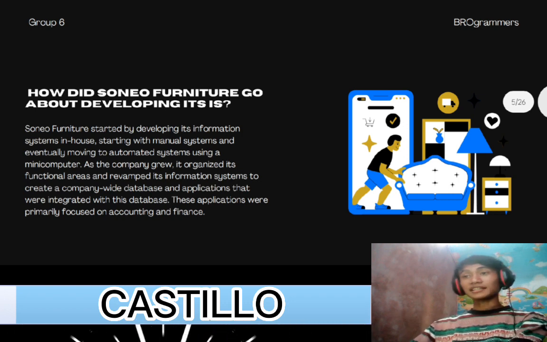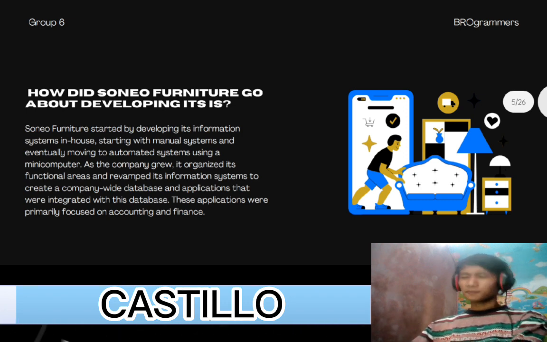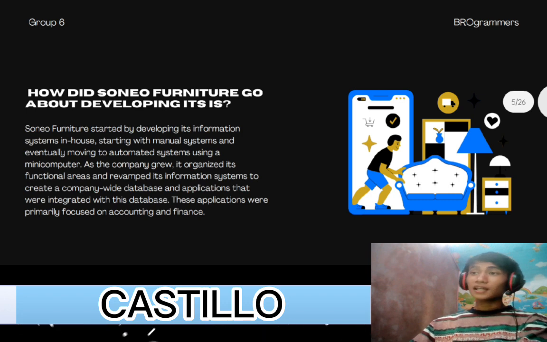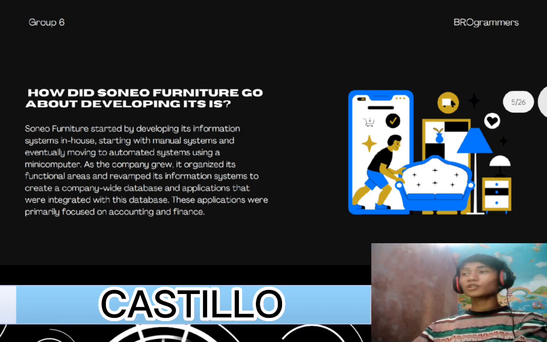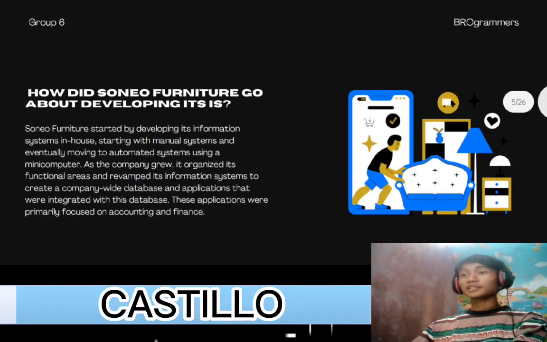It is likely that the company chose to develop its information system in-house for a few reasons. First, developing in-house allows the company to have more control over the development process and the final product, ensuring that the system aligns with the company's specific needs and goals.